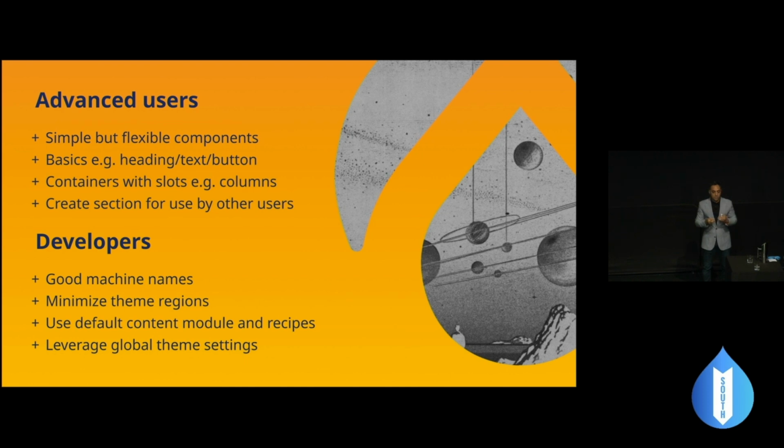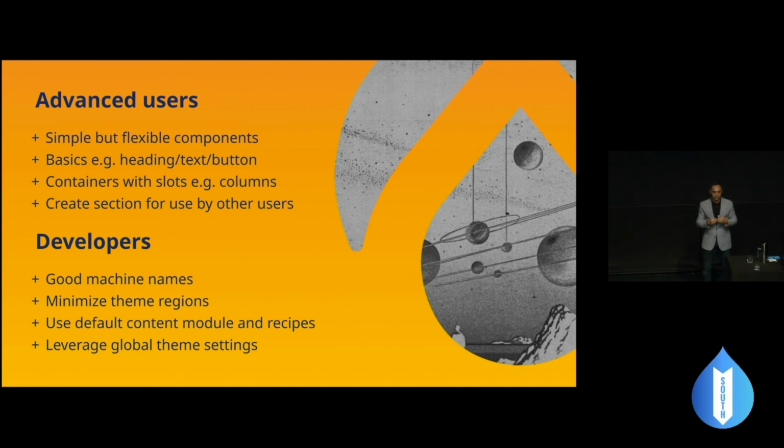And as I mentioned before, you can actually create sections as well. So if you have a panel, for instance, that you want to reuse across a site, advanced users can actually create a section. So you can build out your component, you can name it and label it, and then again, you can use it elsewhere in the pages and elsewhere in the site. That way, when other authors come in, they can actually just call that section, which is a kind of built panel, and they can reuse that.